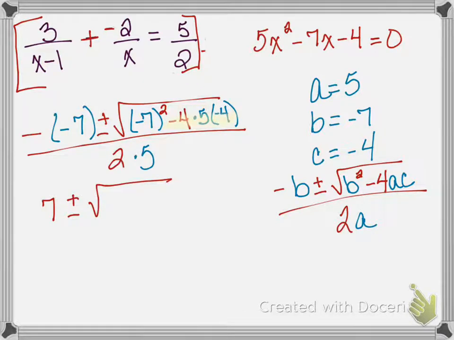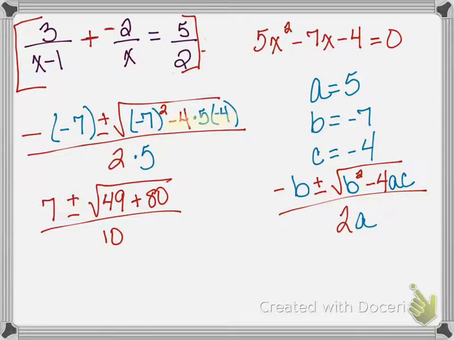Negative 7 squared, what is that? 49. Good, and it's positive. Negative 4 times 5 times negative 4: negative 4 times 5 is negative 20, and negative 20 times negative 4 is positive 80. Then I'm left with 10 in the bottom.